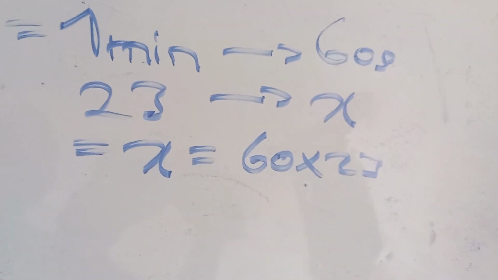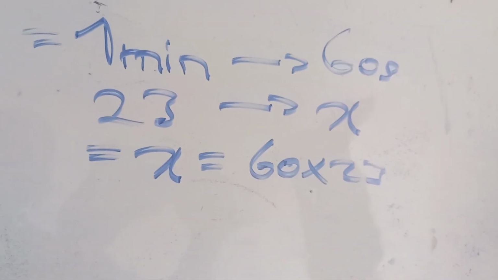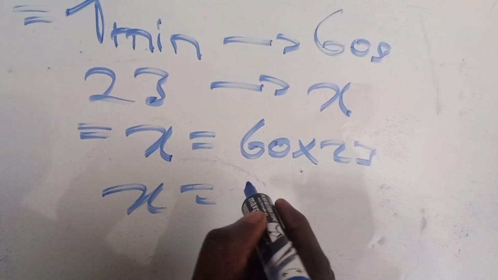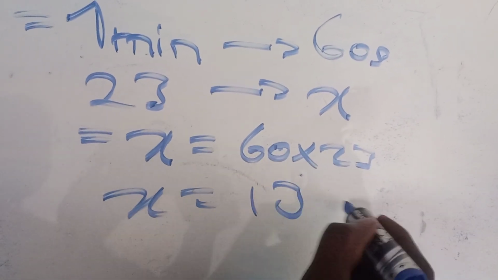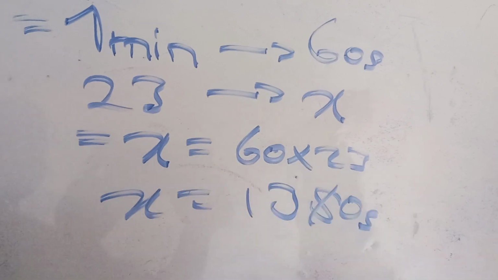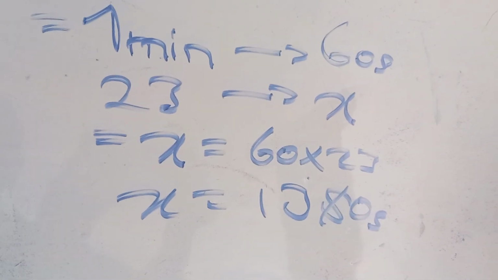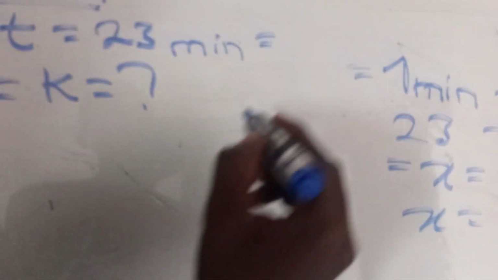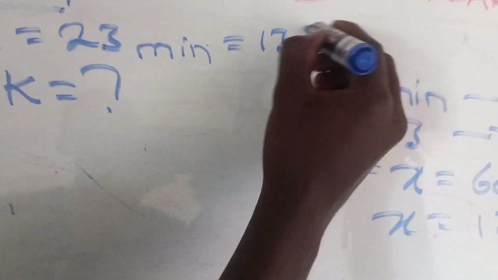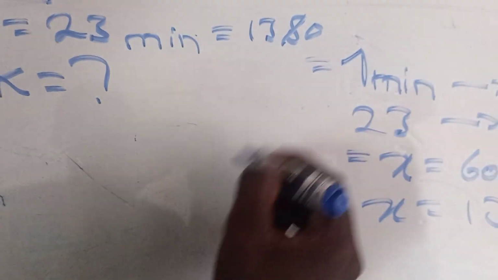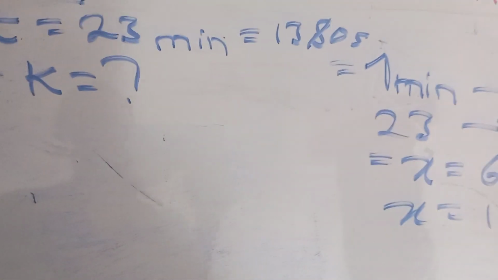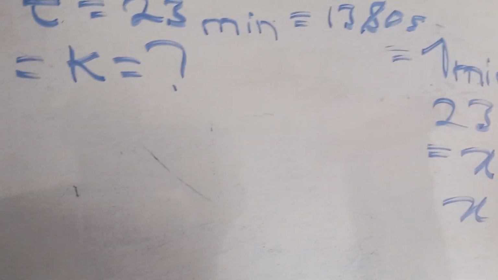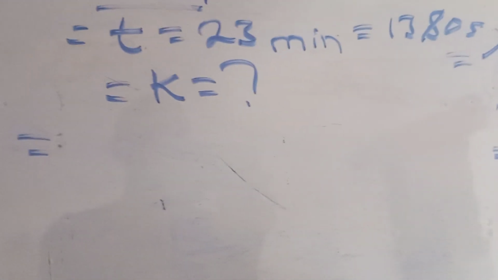If you multiply 60 times 23, you're going to have X as 1,380 seconds. So in 23 minutes, we have 1,380 seconds. This 23 minutes is equivalent to 1,380 seconds.